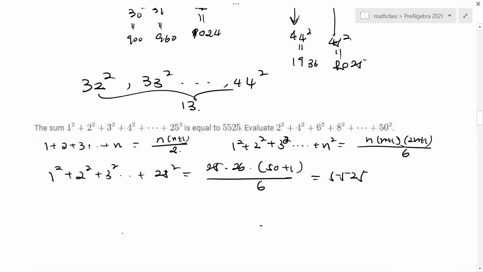Then you're trying to find the sum of this. How do you use the given fact to get the answer for the new problem? I'd like you to think about it.